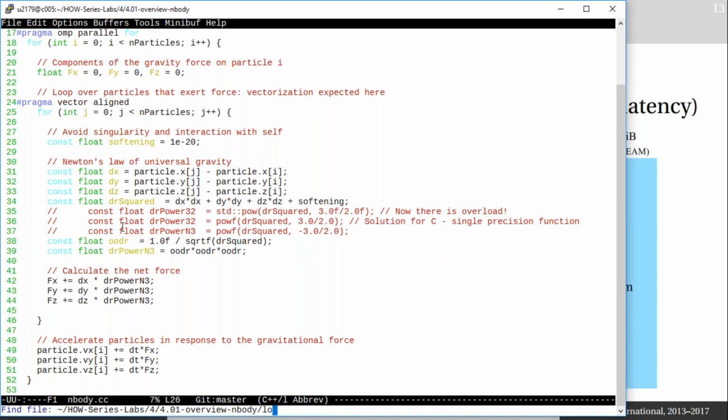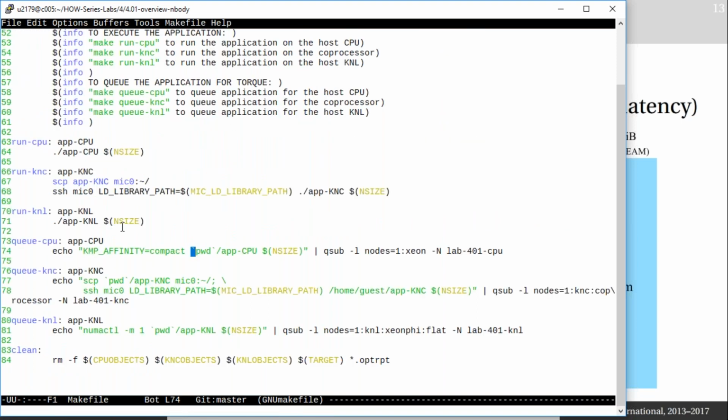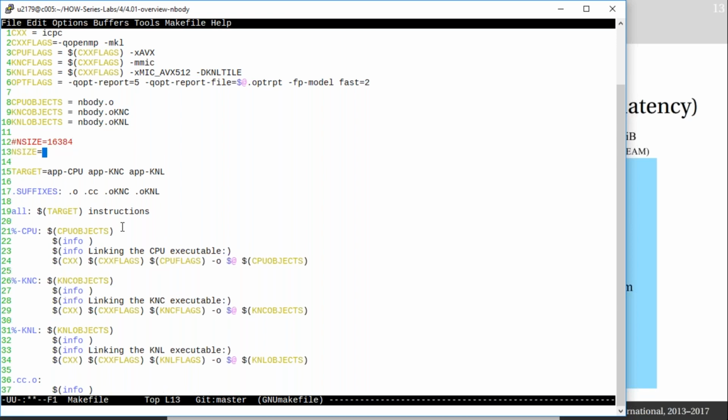The performance that we obtained was obtained with 16,000 particles. This is the default value. How about we change the number of particles and see what happens if we use more particles? So how about 65,000?